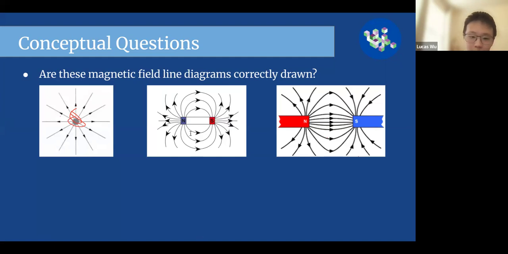For the second and third diagrams, I'll give you guys maybe 30 more seconds to think about that. And we'll go over it in a bit. If you have any answers, just send them to me in the chat and I'll give you feedback.